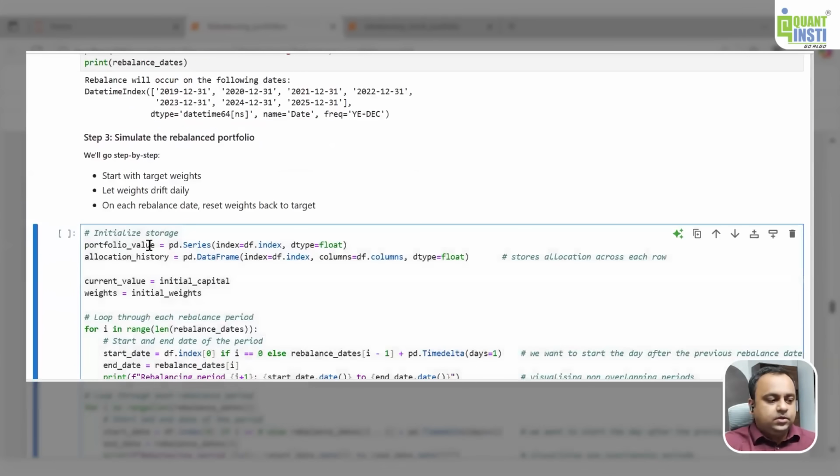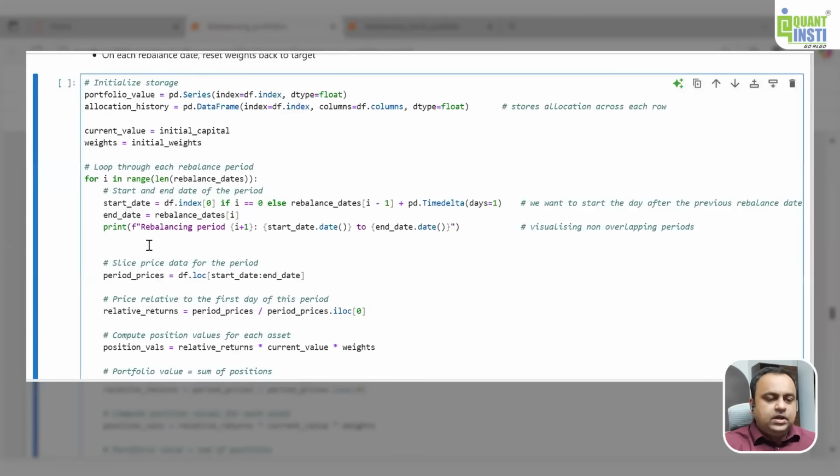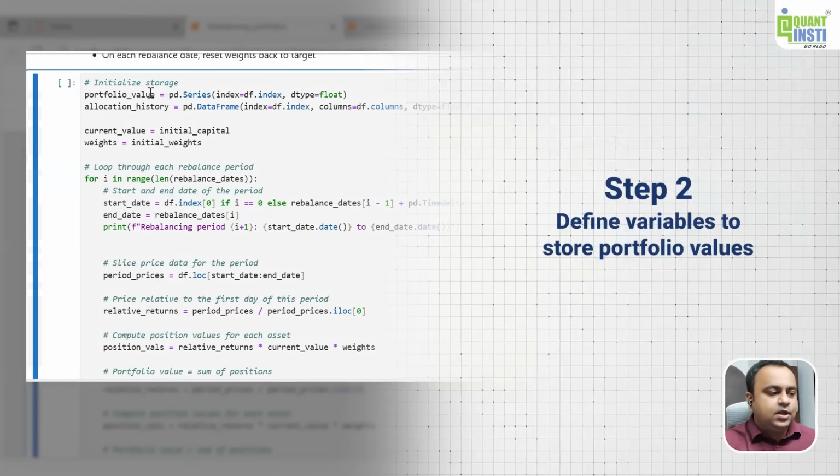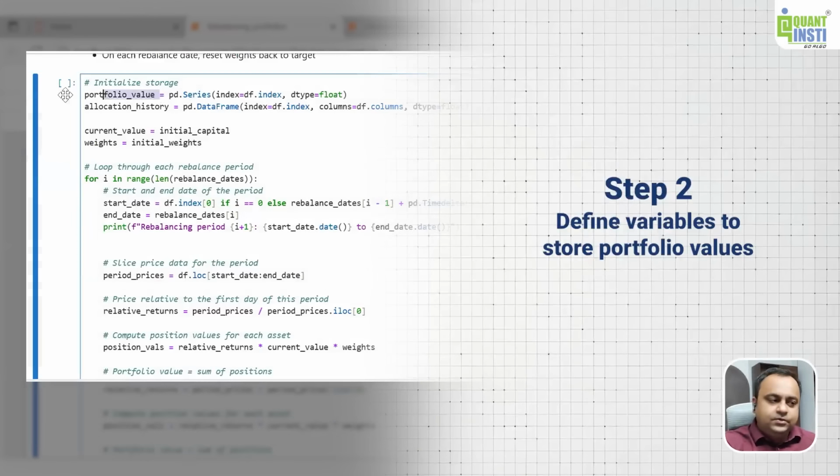In my Python code, I first create some variables to store my total portfolio value as it changes. Once I have created this variable, I also need to make a note of my allocation history. In the previous case, it was quite easy, but now it is a bit tricky.